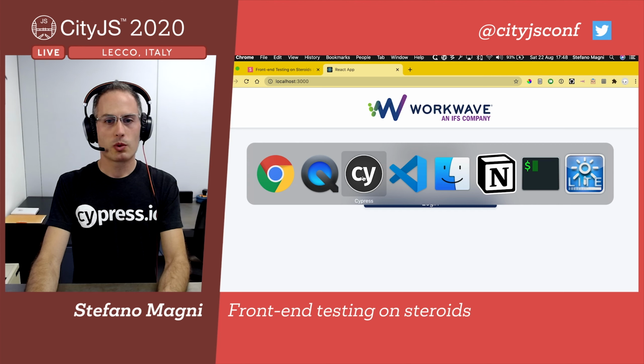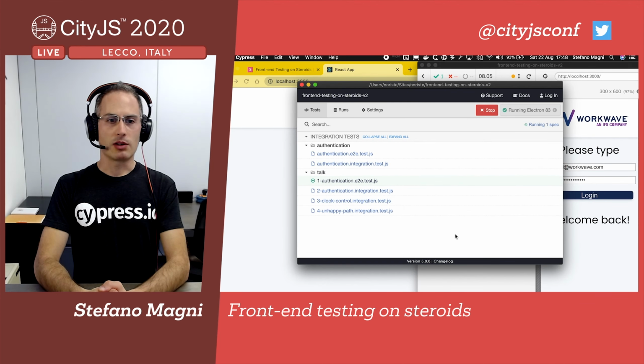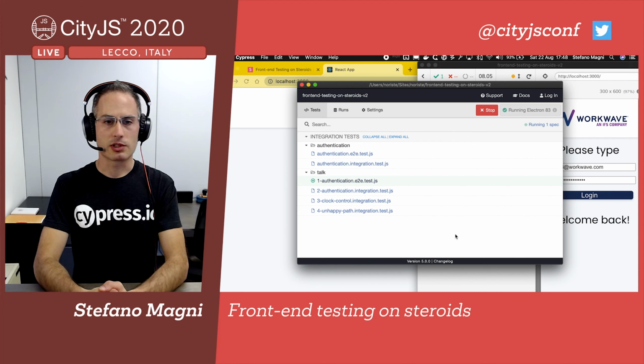So first of all, what is Cypress? Cypress is a browser automation tool. It allows you to control a browser and to perform the user actions inside the same browser. And it has some unique features because as every browser automation tool, it can be run inside the CI without the interface, obviously, but it has even a UI.